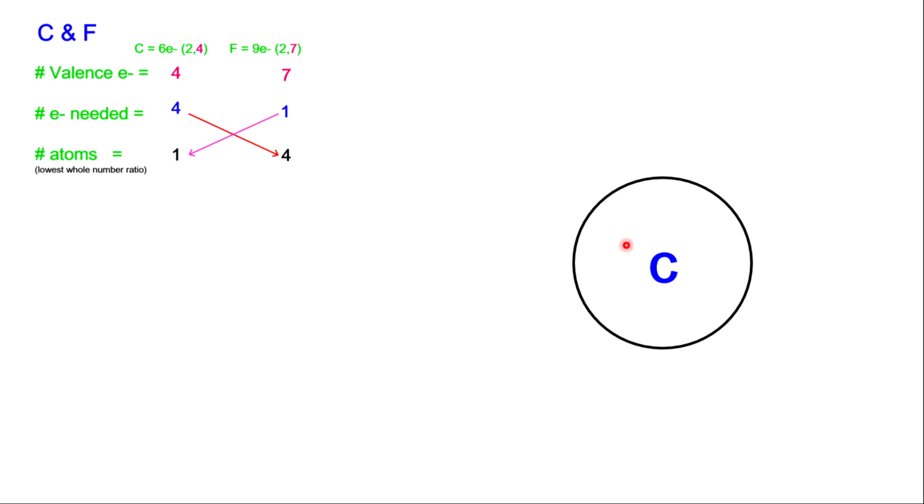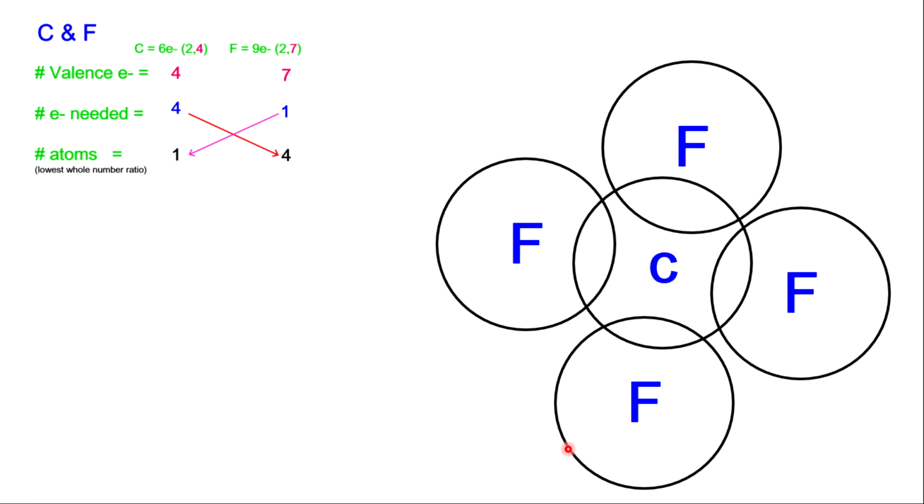And so for the atom of carbon, you draw only the lines without the electrons. And attached to this carbon will be 4 atoms of fluorine. Remember, fluorine is not bonding to fluorine. Fluorine is bonding to carbon. So all fluorine atoms must be attached to carbon.